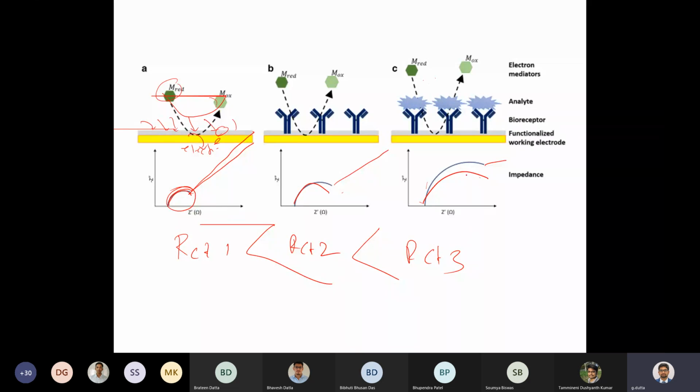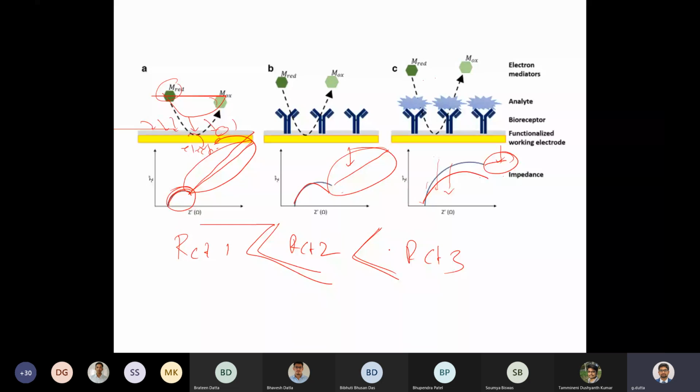So RCT again increases. And this straight line you are getting, see, bigger straight line, smaller straight line, and smallest straight line. So in this case, you can say that kinetically the reaction becomes slower and slower, and the mass transfer rate is also going slow and slow. That's why RCT increases and increases.